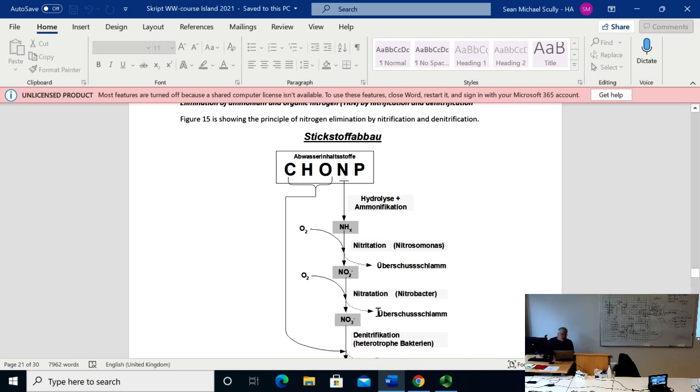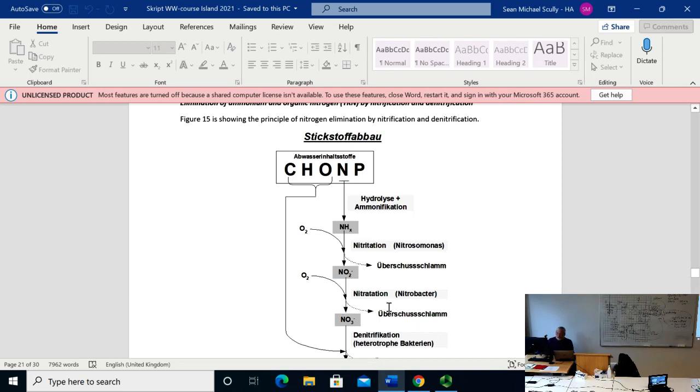The phototrophs are the guys who do photosynthesis. They are lithotrophs because they don't use an organic molecule, but an inorganic molecule, namely ammonia again, as an electron donor. And they are autotrophs because they live on CO2 as a carbon source for their growth.